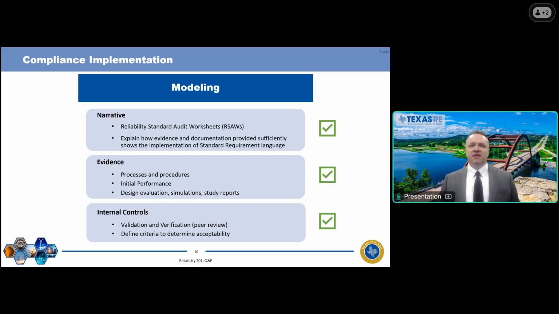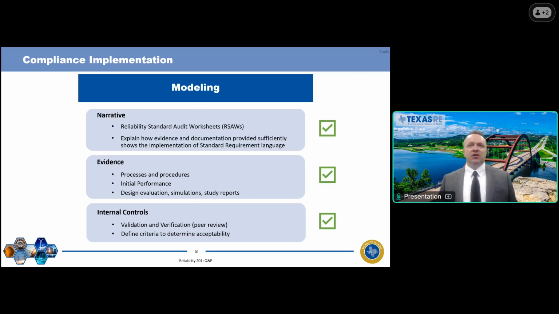Some failure points that we've seen with the MOD standards are a failure to develop a process and a failure to explain how to respond to requests for information. And tracking models is very important. If you have a third party working on your model development, is there a peer review before you submit it to your transmission planner?